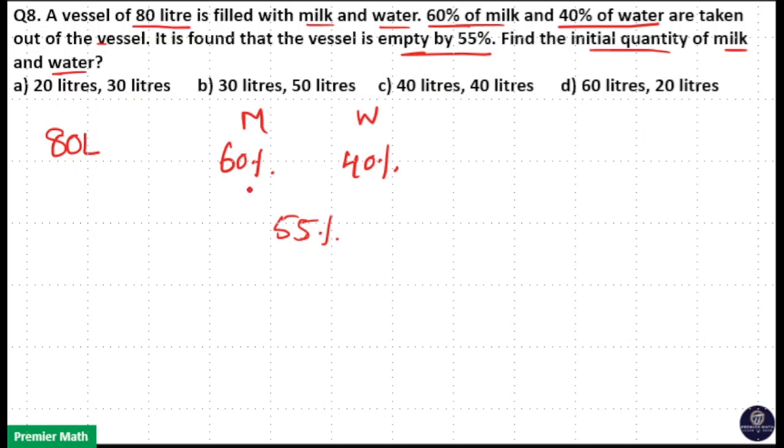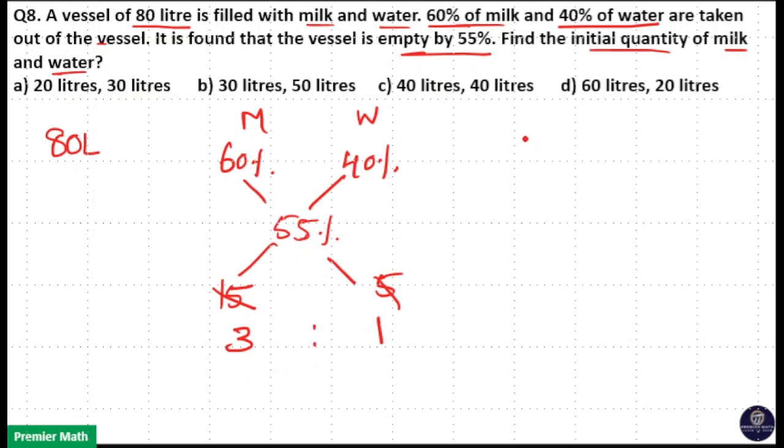So you can use the alligation method here. 60 minus 55 is equal to 5%. You can write the number because you are taking the ratio. 55 minus 40 is equal to 15%. So if you take the ratio, 15 by 5 is equal to 3 and 5 by 5 is equal to 1. So 3:1 is your initial quantity of milk and water.